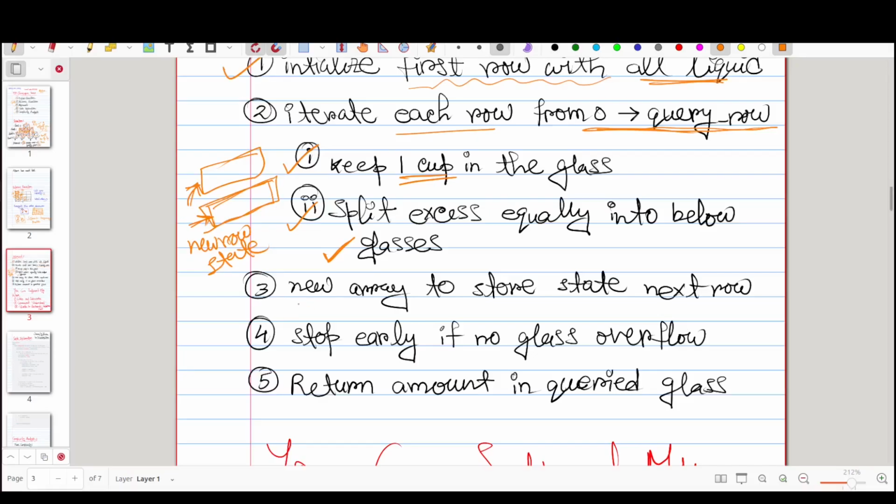That's why we take a new array to store the next row, and whenever there is no overflow, that means no glasses overflow in the current row, we can stop there, because all the glasses below do not fill any water, so they will be 0. And at last we just return the queried glass amount of water.